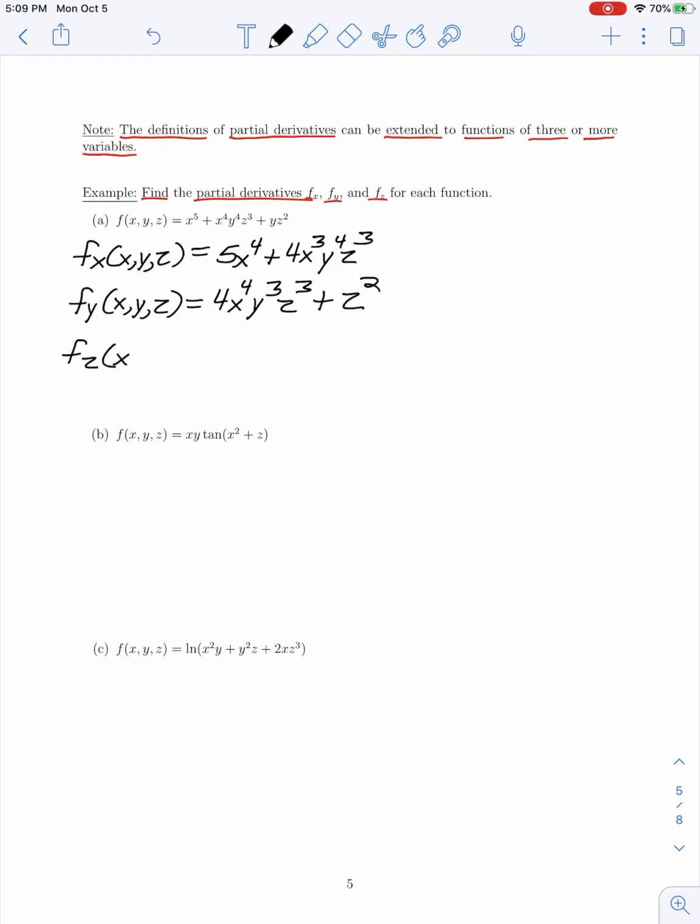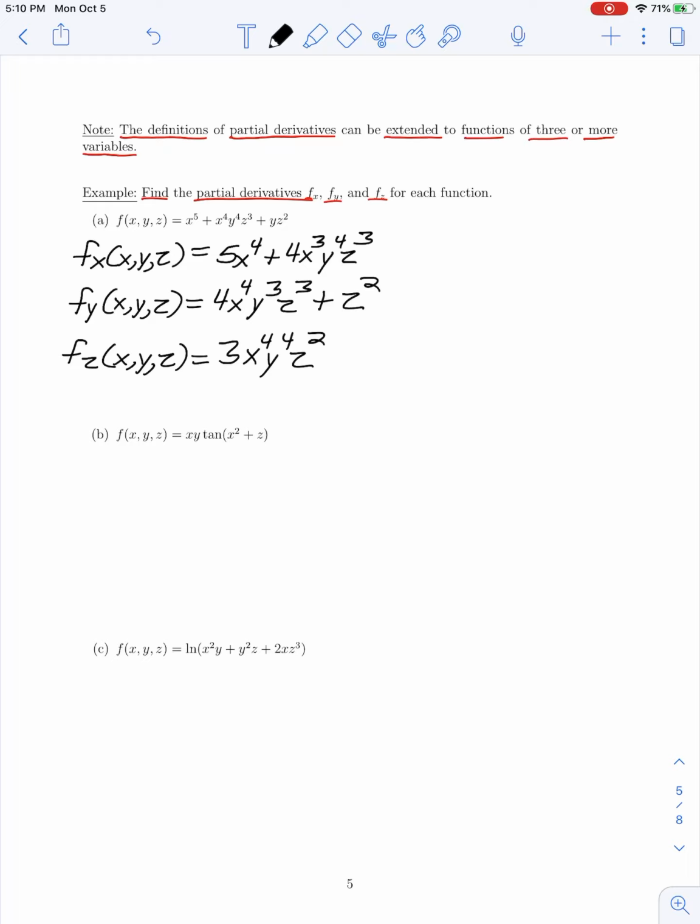And the partial derivative of f with respect to z would be given by derivative of x to the fifth is 0. Then I've got a plus x to the fourth, y to the fourth, which are both treated as constants, and the derivative of z cubed would be 3z squared.